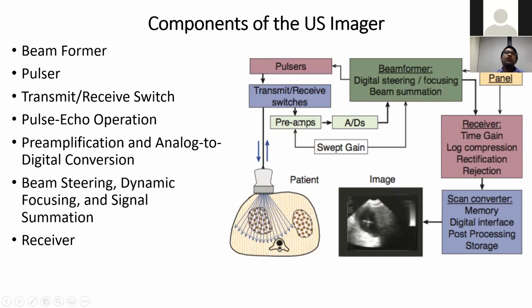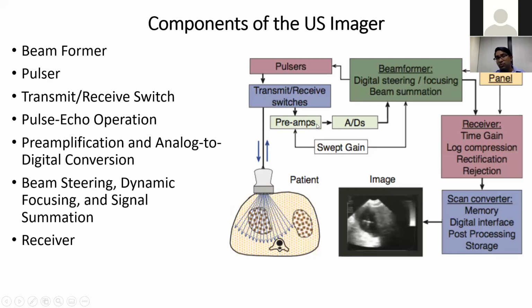If you recall, I mentioned that the received signal is very small. It's usually 5% of the transmit energy that is being sent in. So there is a need to amplify that signal. And that amplification must be low noise, because if you amplify the noise also, that creates a lot of problems. So these are low noise preamplifiers, and we want them to be as close to the transducer itself as possible to reduce the noise.